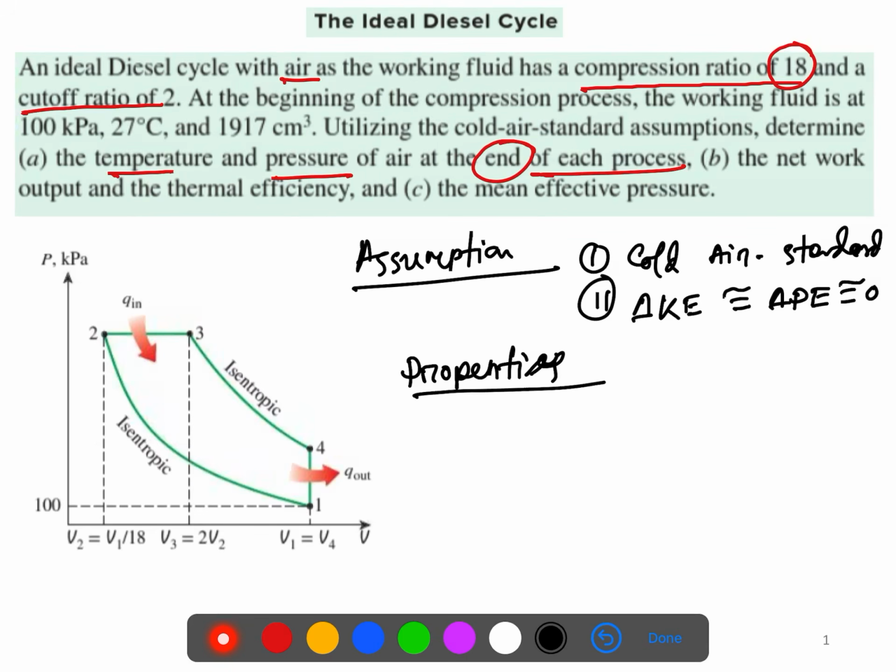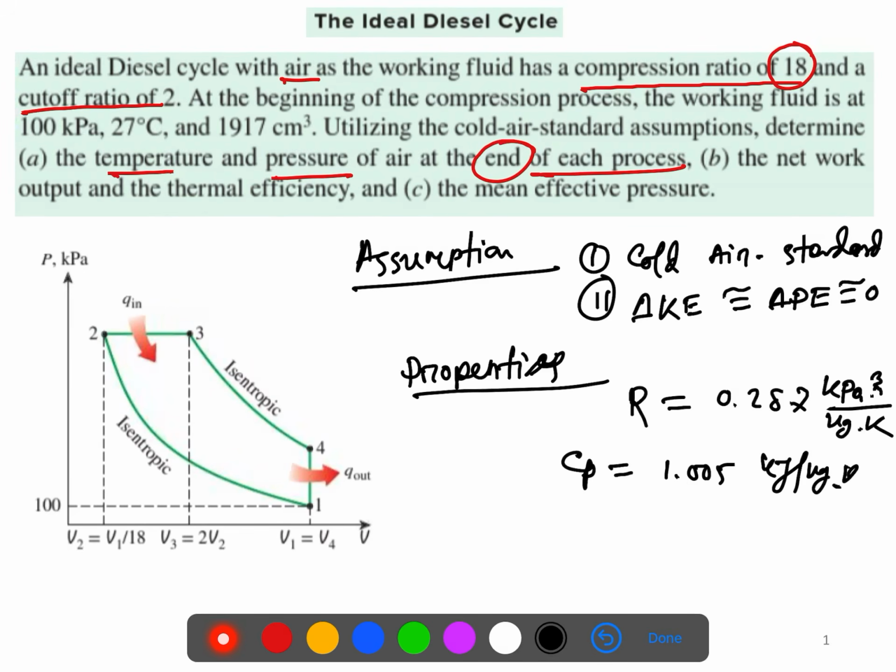At room temperature, we know the gas constant, R, is 0.287 kPa meter cube per kg Kelvin. We know the specific heat Cp is 1.005 kilojoule per kg Kelvin.